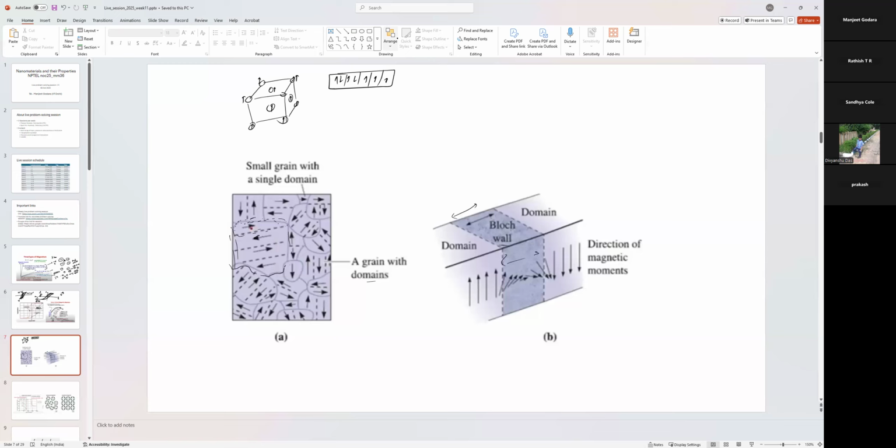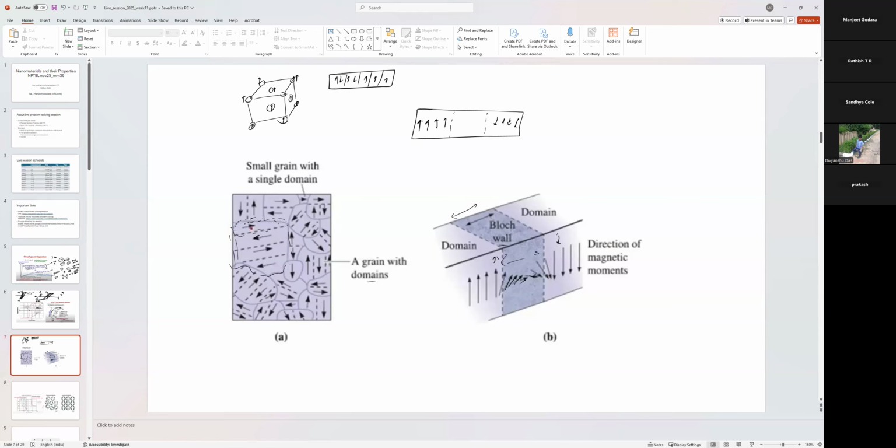So if in this domain it's pointing in this direction, and the other domain is pointing in the opposite direction, there is an incremental change in the direction. In this case, it's out of the plane. So if you assume this was one direction, and this way you have your wall and the direction this way.